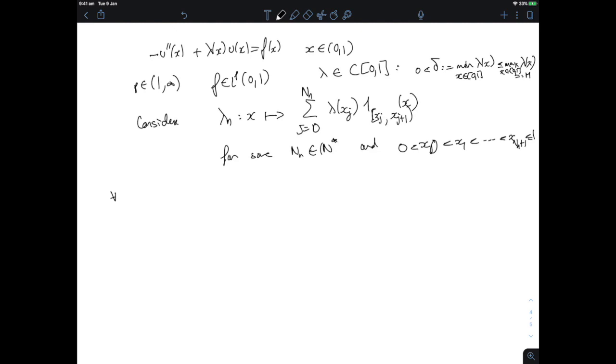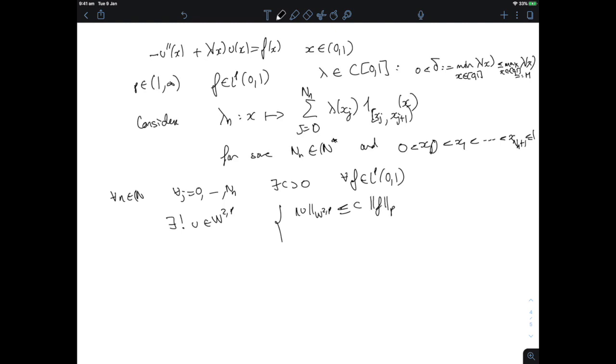We've got that for every n and for every j between 0 and m_n, there exists a c such that for every f in LP of 0, 1, there exists a unique u in W2P that satisfies the norm of u in W2P smaller than c times the norm of f in LP, and the equation holds with lambda replaced by lambda n on xj to xj plus 1.